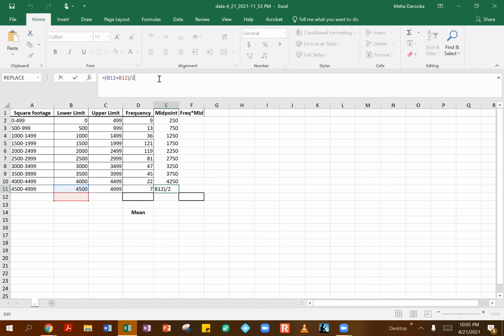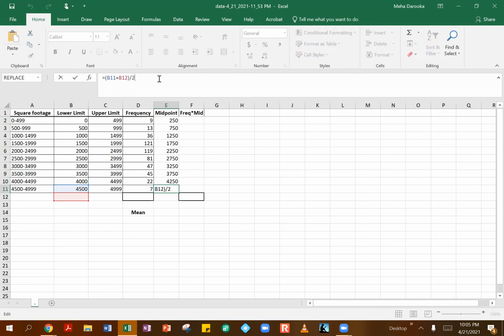I'm taking my frequency and multiplying it with my midpoint for each of my classes. We can get all of those multiplications taken care of, and you can verify that for each class, we are multiplying the frequency with the midpoint.